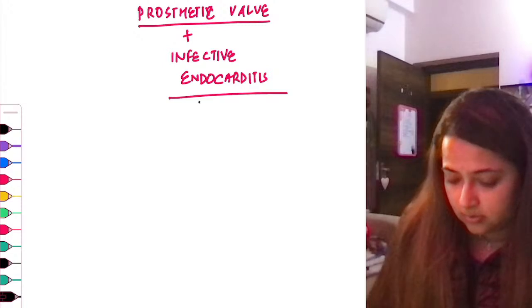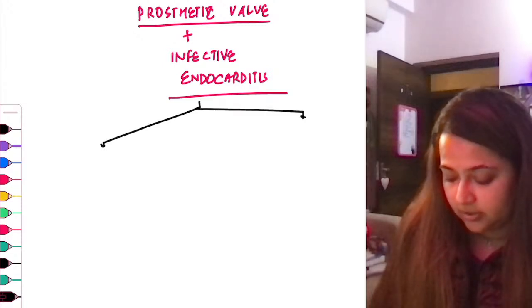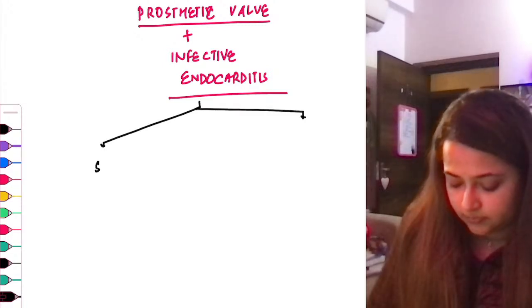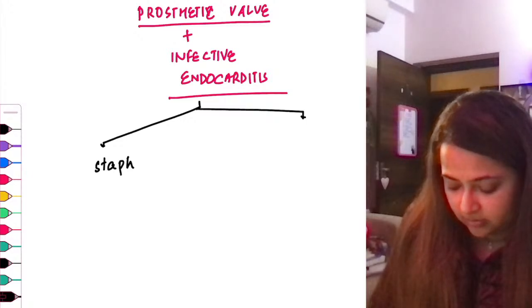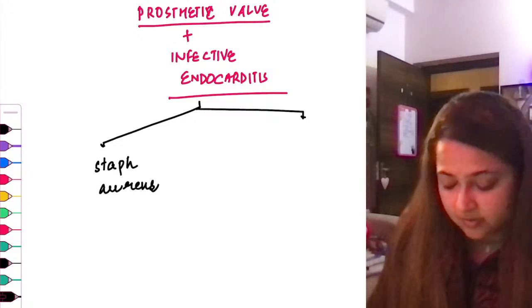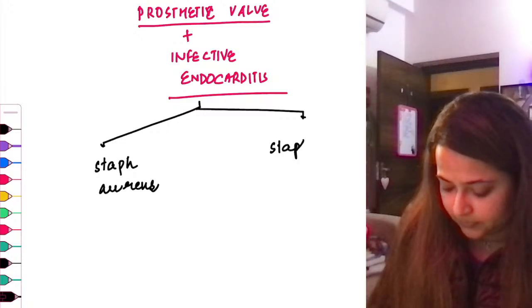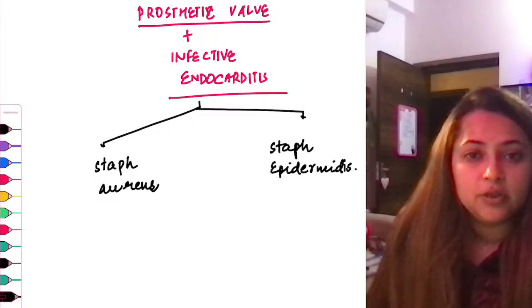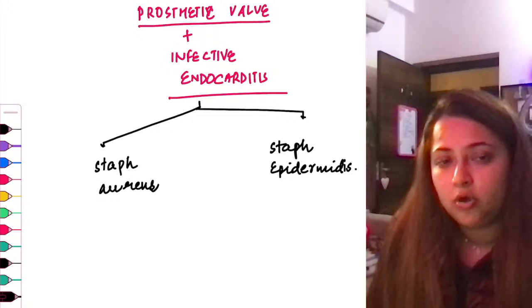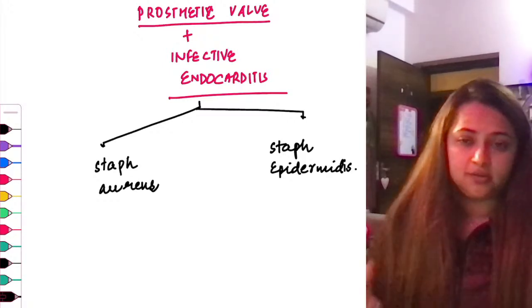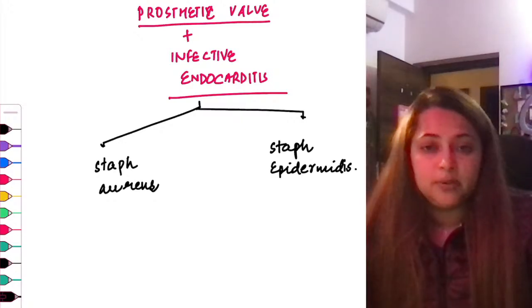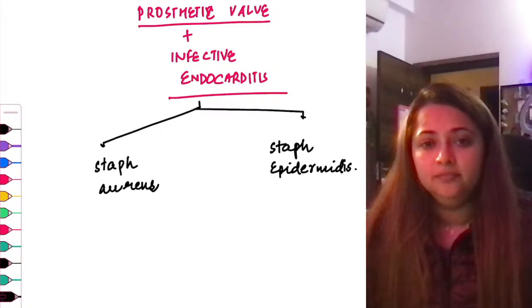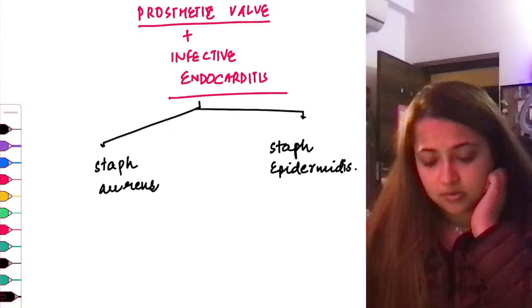Yes, there are two possibilities: Staph aureus or Staph epidermidis. So remember, infective endocarditis caused in a patient having a prosthetic valve, the organisms could be Staph aureus or it could be Staph epidermidis.